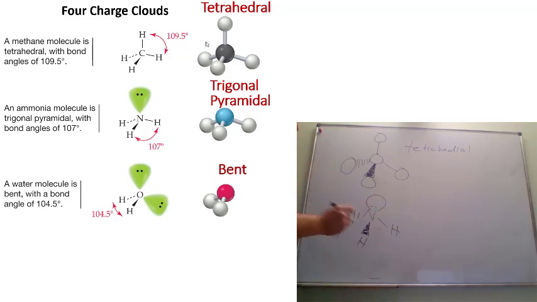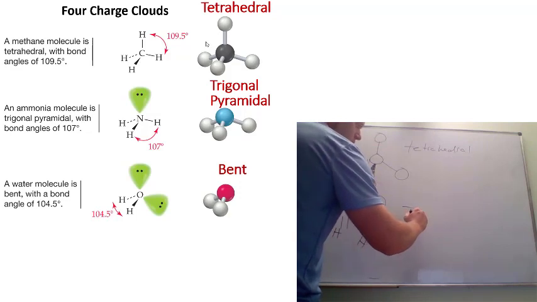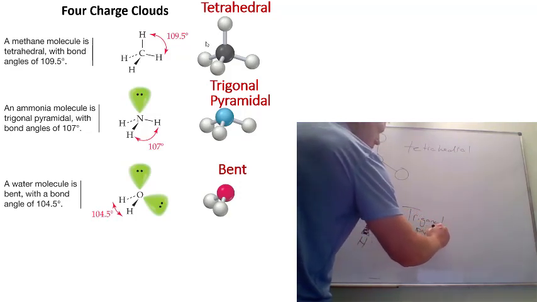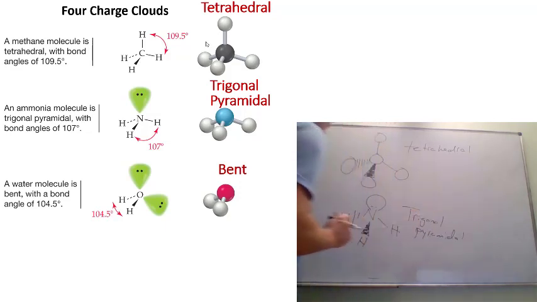So this shape here is what's called trigonal pyramidal. Trigonal means a three-sided pyramid. So if we take a look here, we have 1, 2, 3 sides of a pyramid shape. So that's trigonal pyramidal.